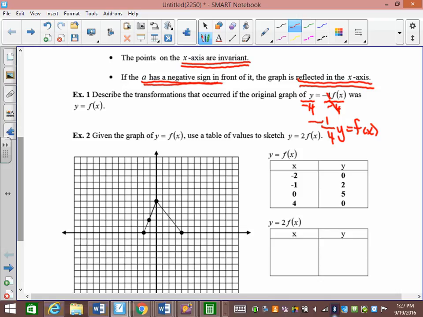I always move everything with the variable because then you always do the opposite. When your translations are with the variable, it's the opposite. If it's positive, you go down. If it was negative, you go left or right. Same thing here.